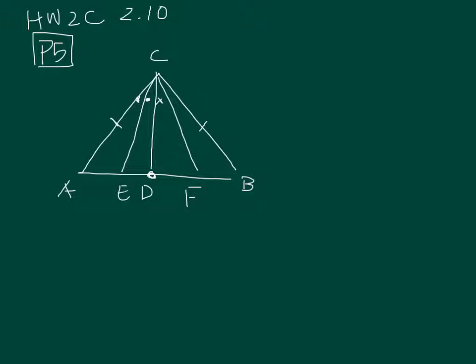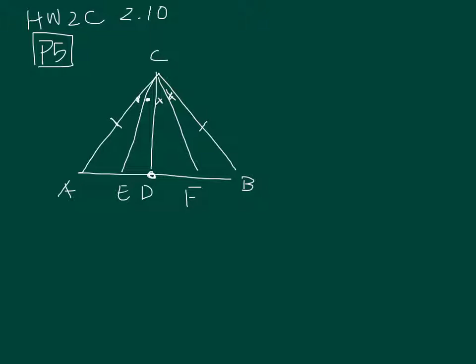And also CF bisects that angle, so these two angles are the same. So putting these tick marks probably helps you find out the reason. So we want to prove triangle ACE is congruent to BCF.